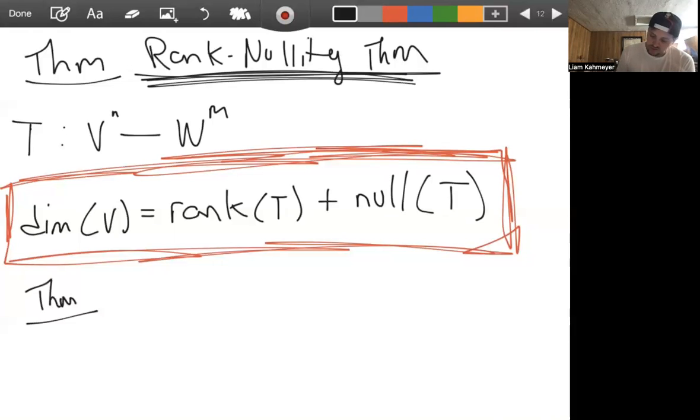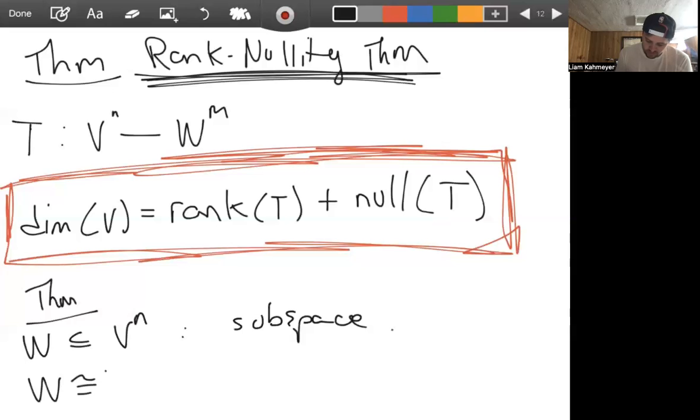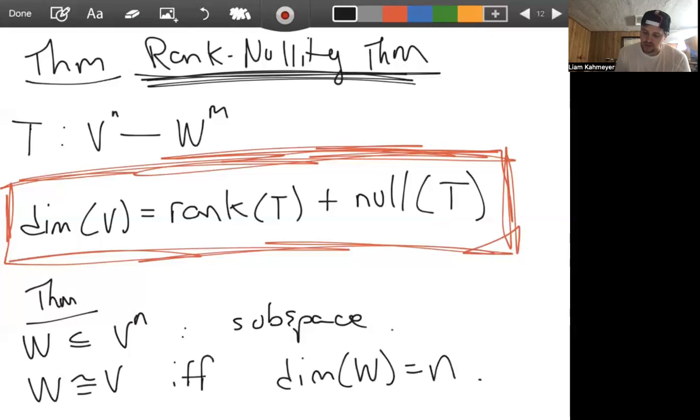We have this theorem that says, let's consider W to be a subspace of V^n. We have V is isomorphic to W if and only if the dimension of W is also n, right? So if you have a subspace that's of the same dimension as the vector space that you're looking in, then that's actually the same vector space.